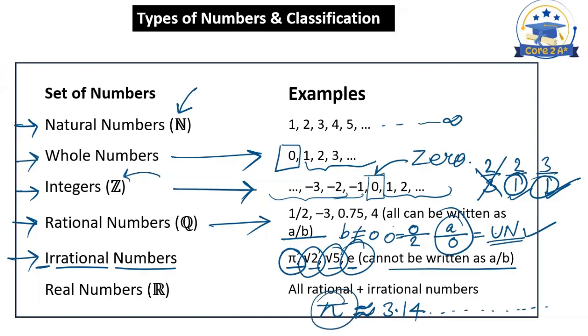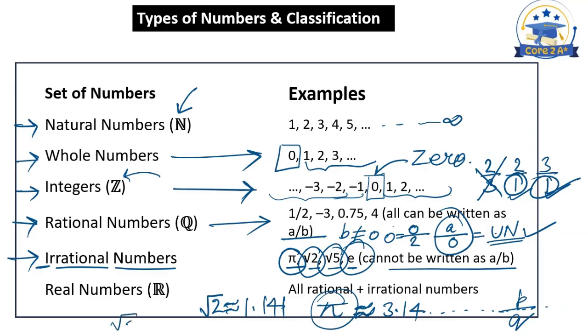So how can we write it in the form P upon Q or A upon B, I mean numerator upon denominator? We cannot write pi that way. Similarly, root 2 is not equal to 1.141 only. It is an approximate value we take in numericals while solving questions, but it is not the exact value.